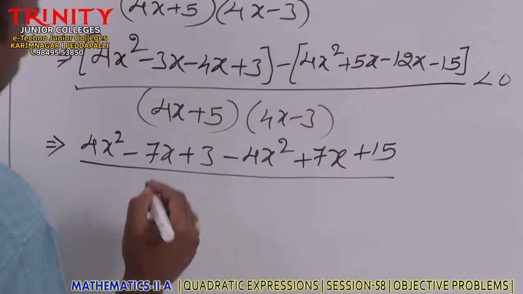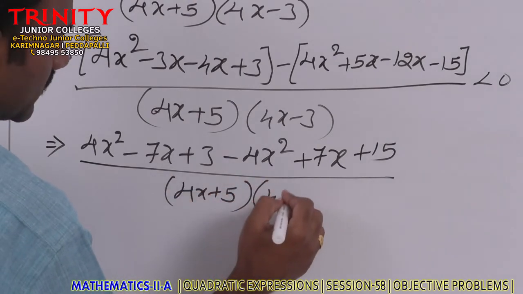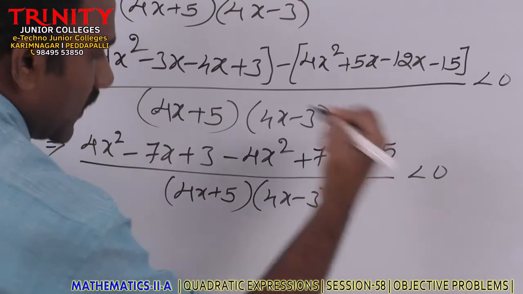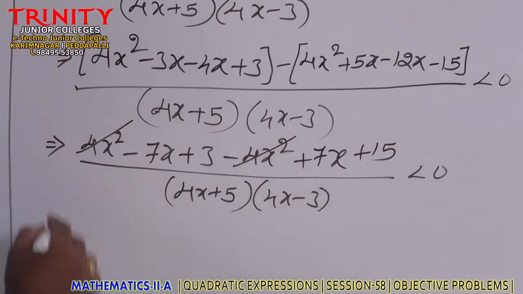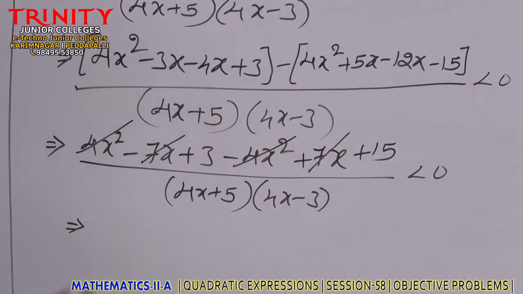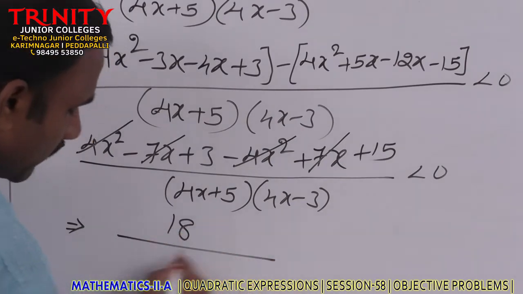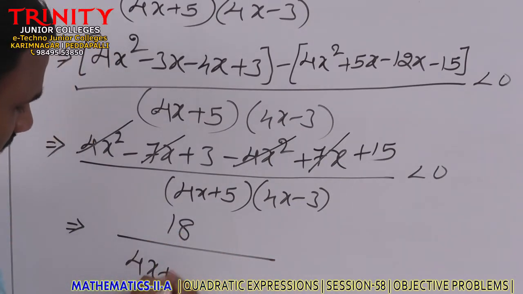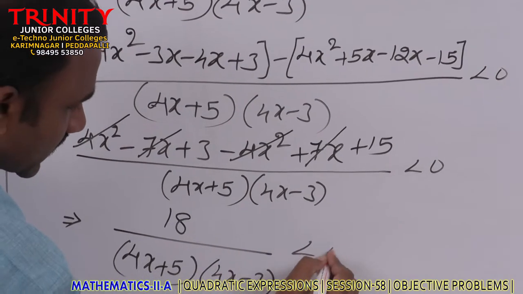The 4x square cancels, minus 7x plus 7x cancels, and 3 plus 15 is 18, so 18 divided by (4x plus 5)(4x minus 3) is less than 0.